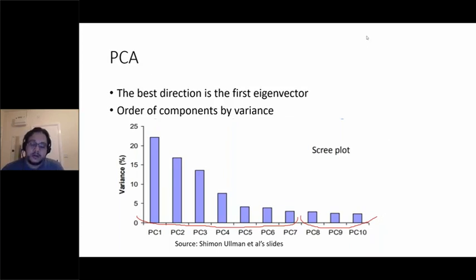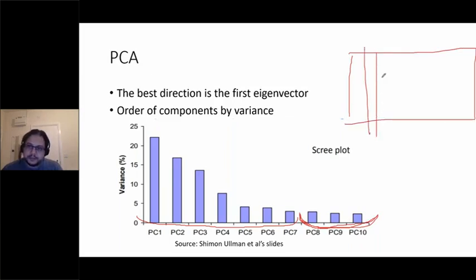If we remove these new features: in the beginning we had a data set containing 10 features. We ran the PCA and we ended up with these new 10 features. These features have different variances.